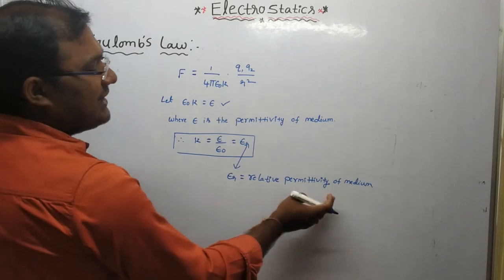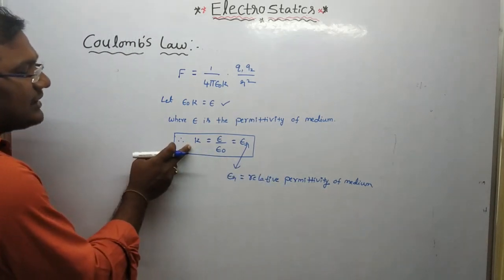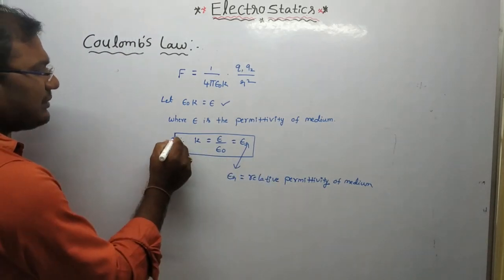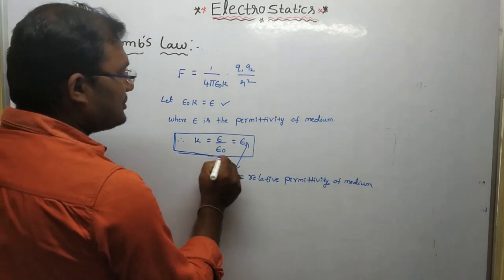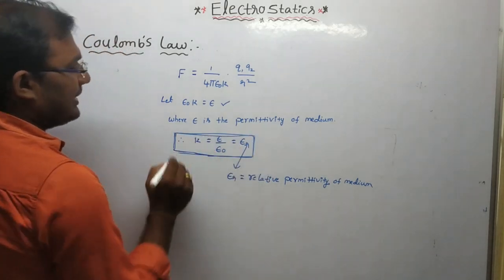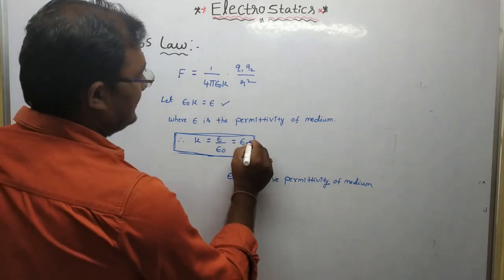Relative permittivity of the medium is nothing but the dielectric constant of the medium, which is the most important formula we use for solving numericals. We should keep this in mind.